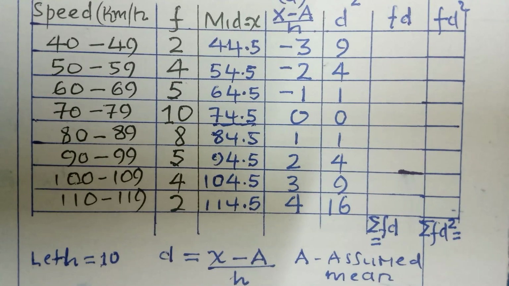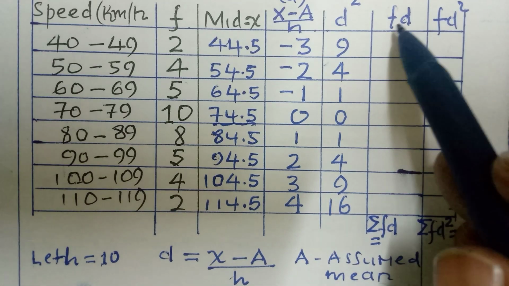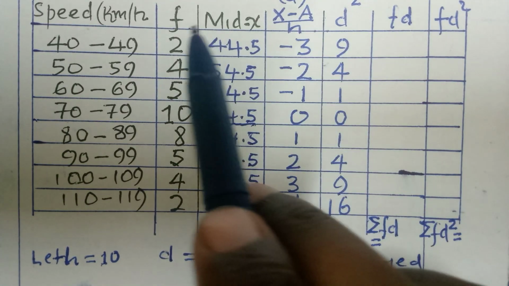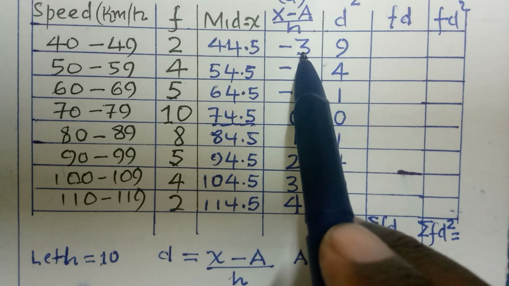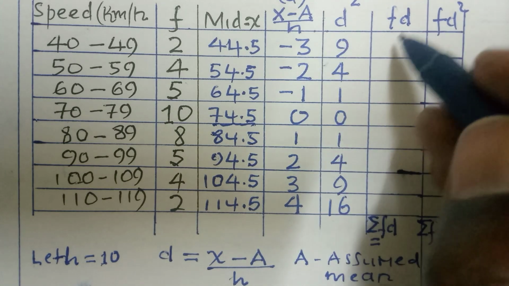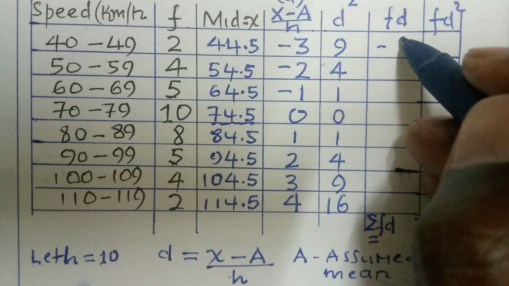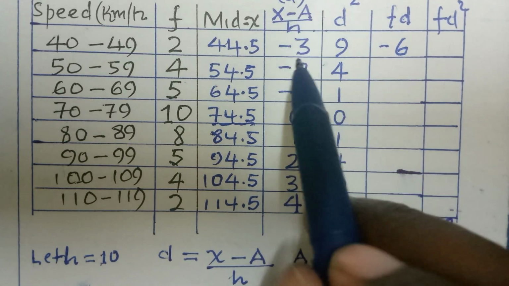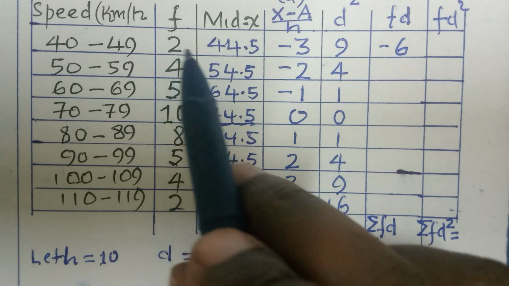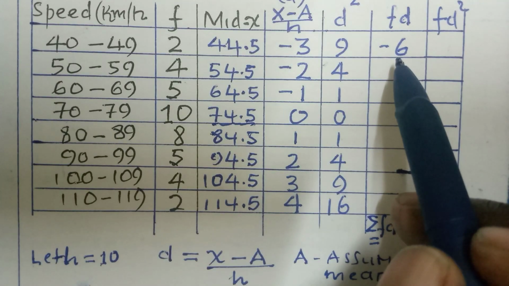So guys, we come and now say fd is supposed to be frequency multiplied by d. This one gives us -6. That is -3 because this is d, -2. This one gives -6.